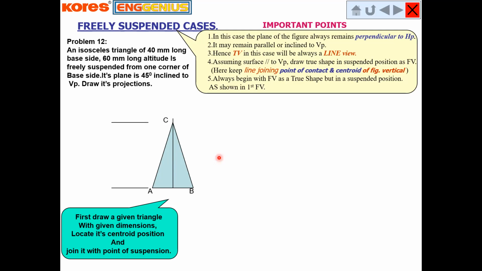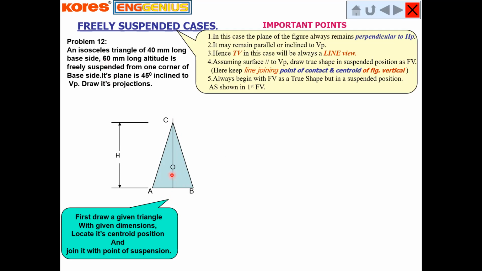Now, this is 60 mm, which is the height given in the data. Then we need to find the centroid of this isosceles triangle. The centroid of an isosceles triangle is on its altitude at a distance of h by 3 if the total height is h. Right now the total height is 60 mm.